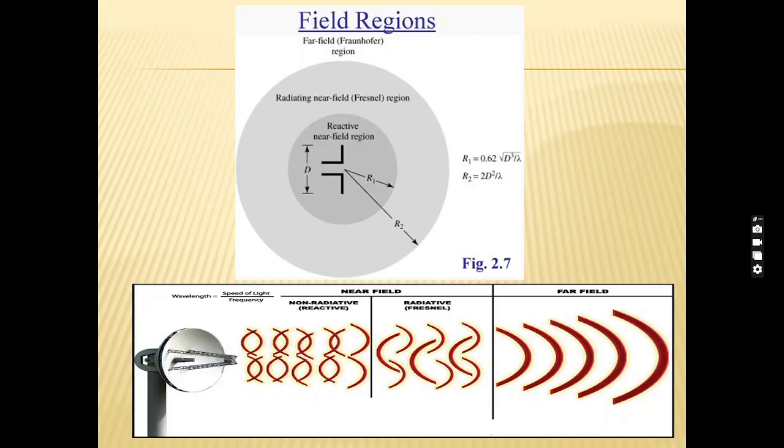The reactive near field region is defined as the portion of the near field region immediately surrounding the antenna where the reactive field predominates.